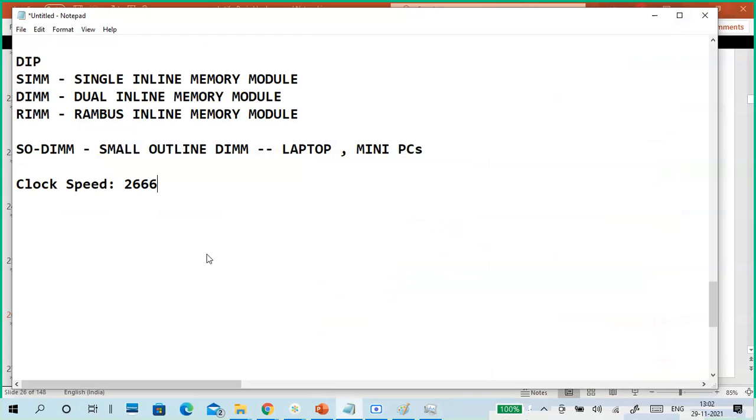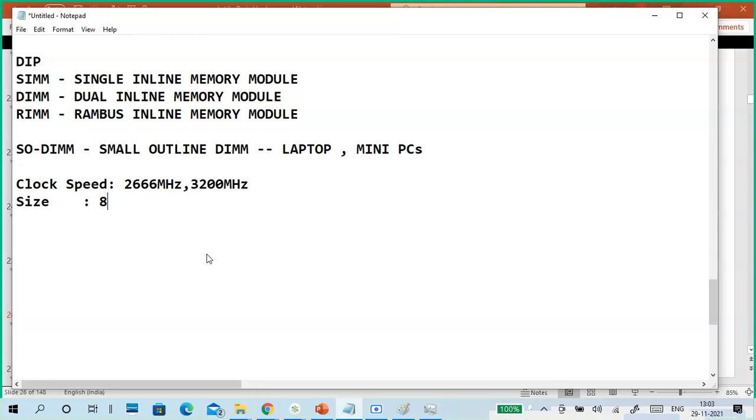Just as an example, I am writing some points. Next one is speed, and next one is size, total memory size. Based on your CPU support and your motherboard support, you have to check the model, speed and size of the RAM, for both the motherboard and the processor.